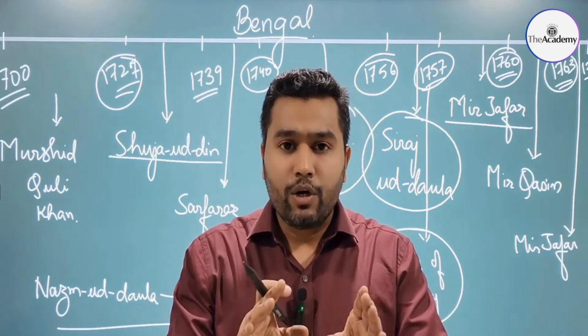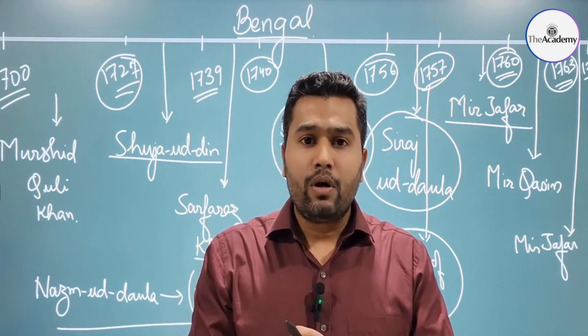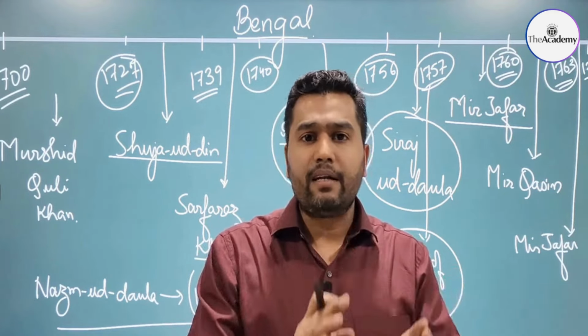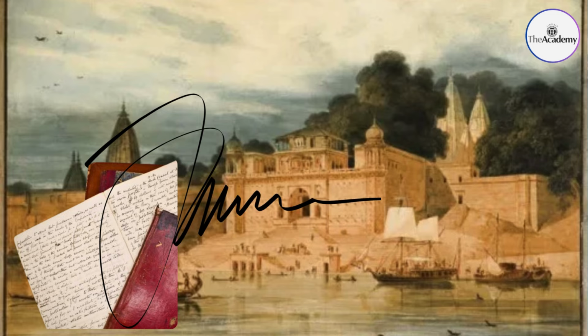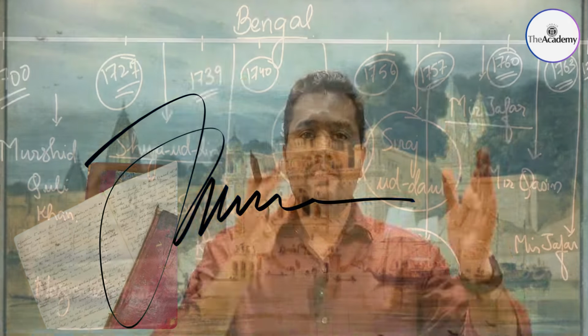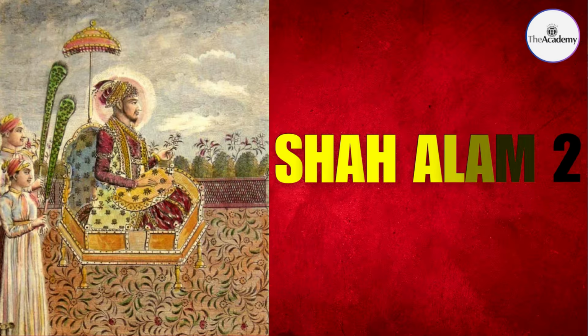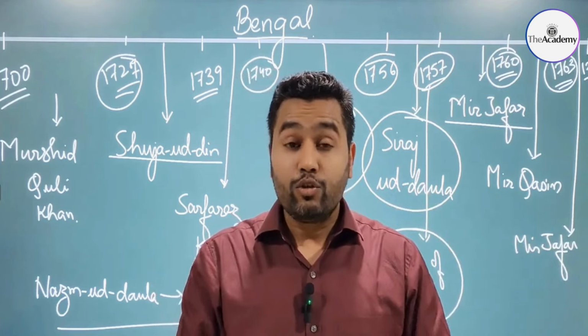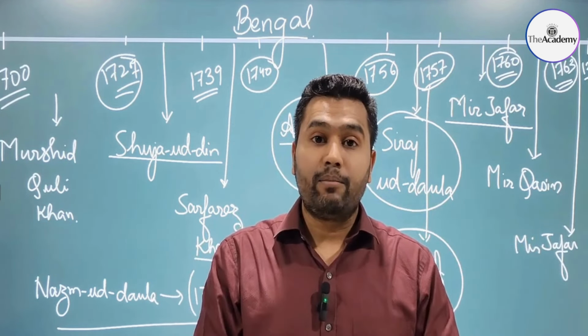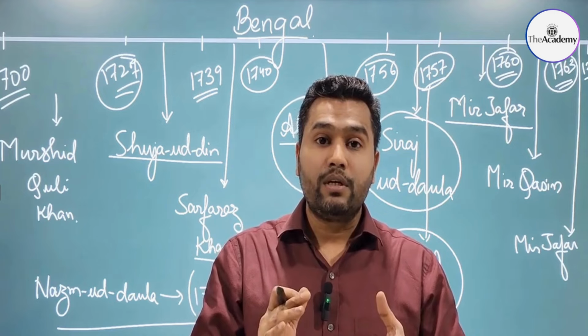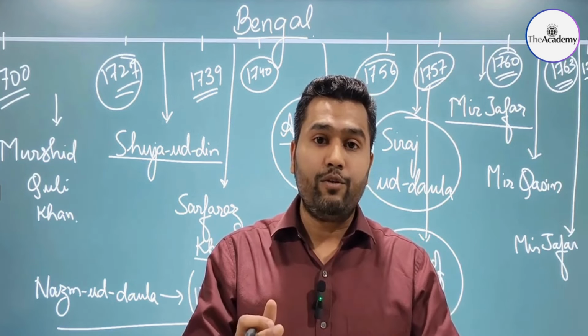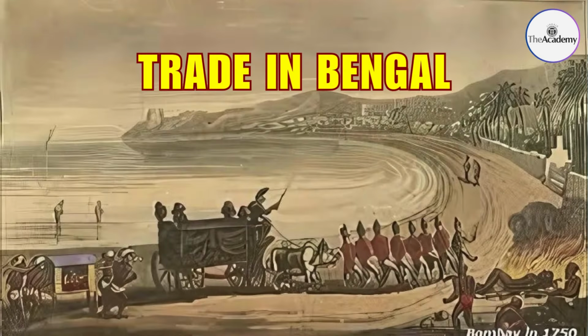The British also signed a Treaty of Banaras with the Nawab of Awadh, thereby establishing Awadh as a buffer state, and Allahabad and Kora were handed over to Shah Alam II. So with Diwani rights, the British now had found a significant source of revenue for their trade in Bengal.